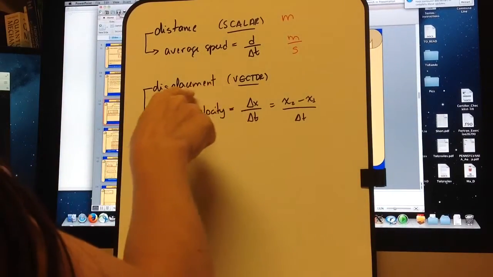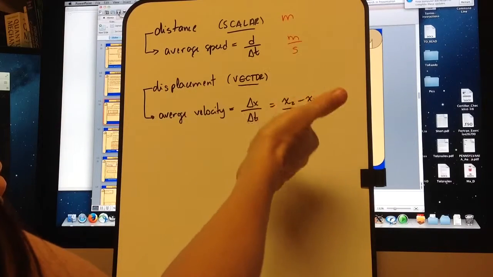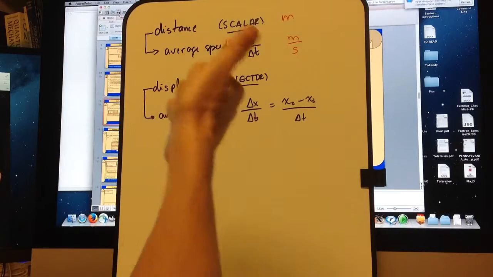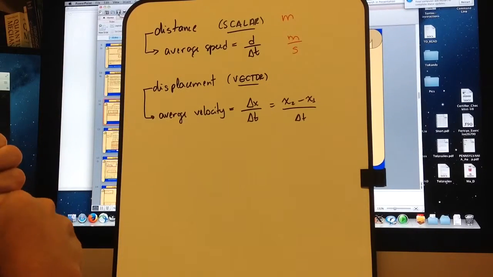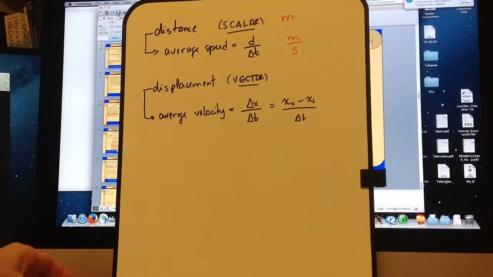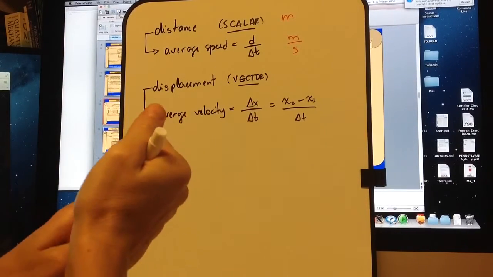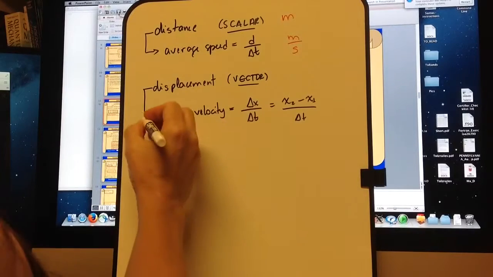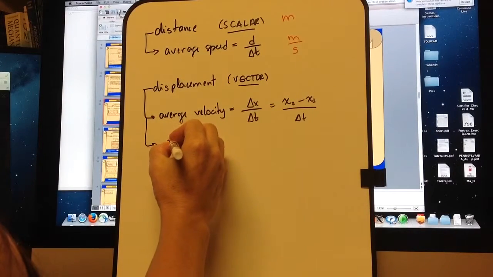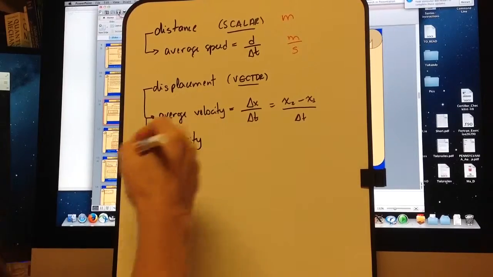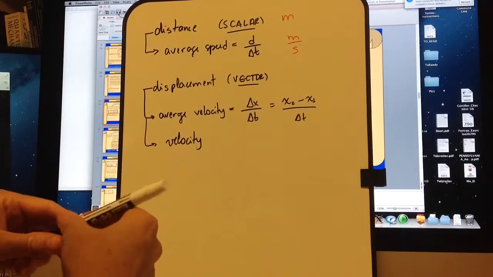And the units again is meters per second in the international system. But remember that displacement is a vector, has magnitude and direction, so average velocity also is a vector, has magnitude and direction. All right. We also talked about the instantaneous speed, and we talked about the instantaneous velocity, which we just decided that we would call just velocity instead of using the whole term instantaneous velocity.